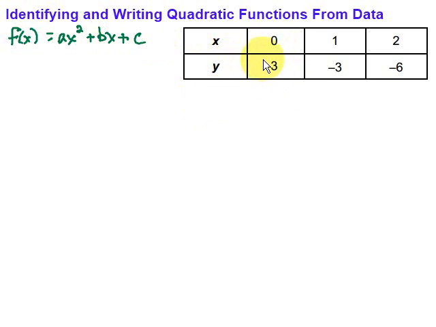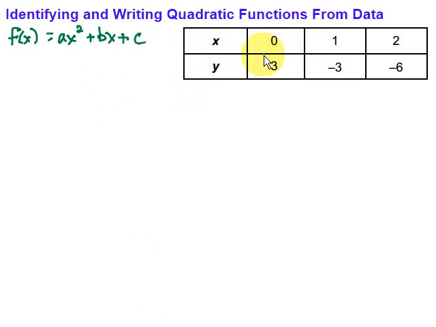I know those, but I don't know a, b, and c. So if I have 3 variables that I don't know, if I can come up with 3 equations, I can solve that system and then know what my a, b, and c are.